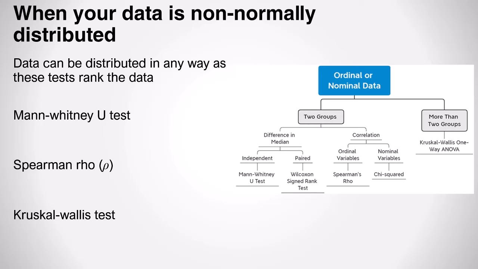Now, when you don't have to rely on that assumption that the relationship between the two variables is the same throughout the data, the tests that you use don't have to rely on a normal distribution, and so they just go from small to large and rank sections of data in accordance with their magnitude.